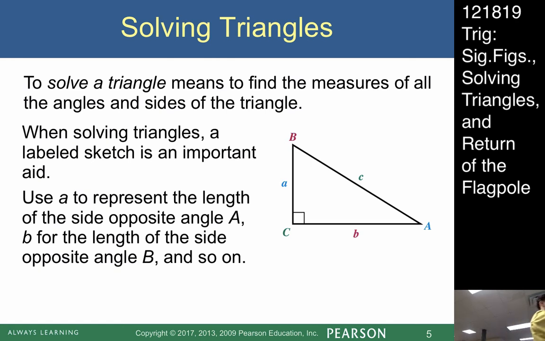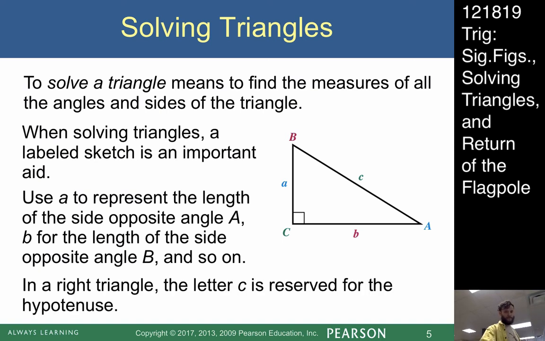All right, and it's good to use the convention that capital letters are the angles, and the small case letters opposite to that angle are the sides. That's just the convention that they use.